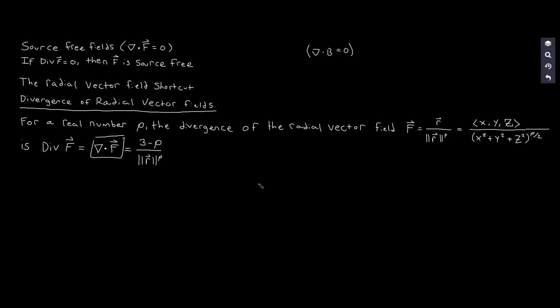And thus the divergence of vector f equals del dot vector f equaling 3 minus rho over the absolute value of the magnitude of vector r raised to the power of rho.